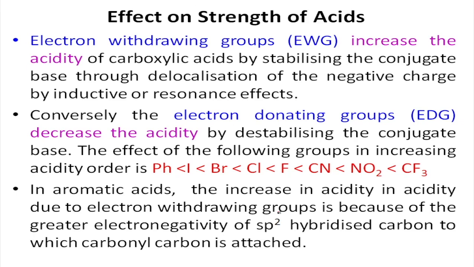The effect of the following groups in increasing order of acidity is: I, Br, Cl, F, CN, NO2, and CF3. In aromatic acids, the increase in acidity due to electron withdrawing groups is because of the greater electronegativity of sp2 hybridized carbon to which the carbonyl carbon is attached.